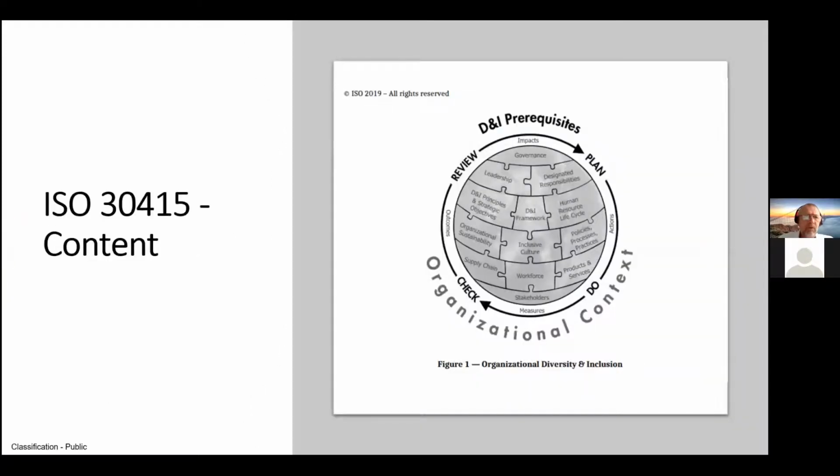So, okay, what about ISO 30415? Well, the image on the right is a sort of draft of a model that was put together for the standard to try and explain to users what the scope of the standard is.